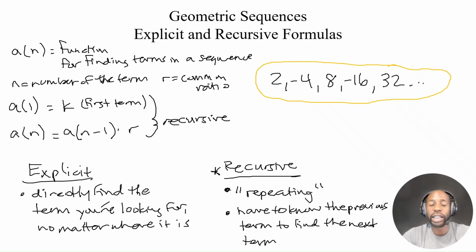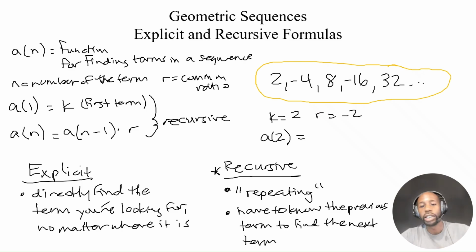In this case, if we know the first term is 2, and we know that the common ratio is negative 2, then when we plug this in, a of 2, our second term, is equal to a of 1 times negative 2. What was a of 1?